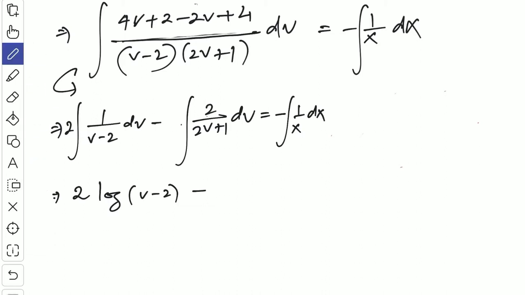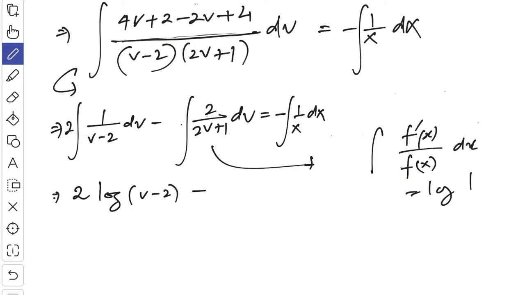Now this is of the form integration f dash x by f of x dx, which is equal to log of f of x, because if you differentiate this, you will get 2, isn't it? Therefore we get log of (2v plus 1) and minus, integration of 1 by X is log capital X, then plus c is constant.